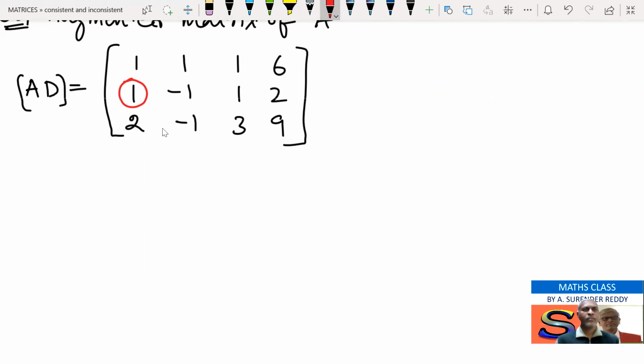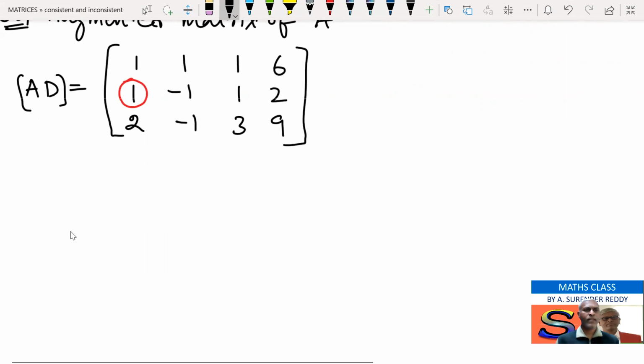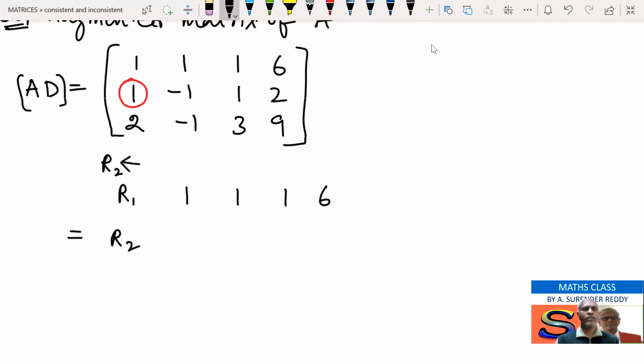In the first step, convert this number to 0. R1 is no change, so for R1, write it as it is: 1, 1, 1, 6. R2 we are changing. So prepare the formula for R2.